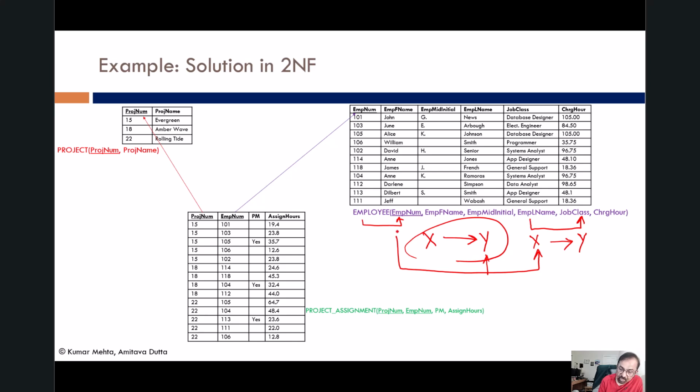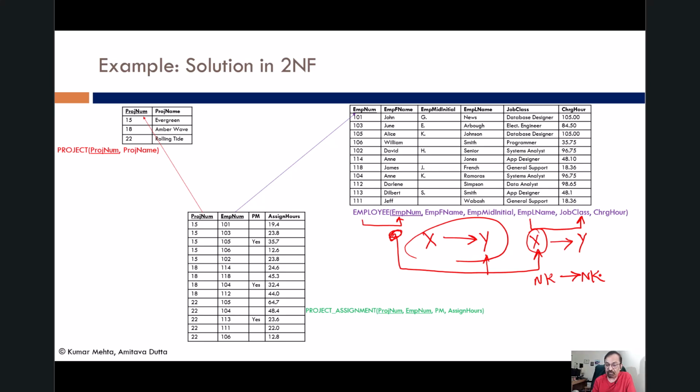So the primary key determines the non-key. That is why it's there in the table. However, here we have a non-key determining a non-key. This is not something that arose with the second normal form. This is what is called a transitive dependency.